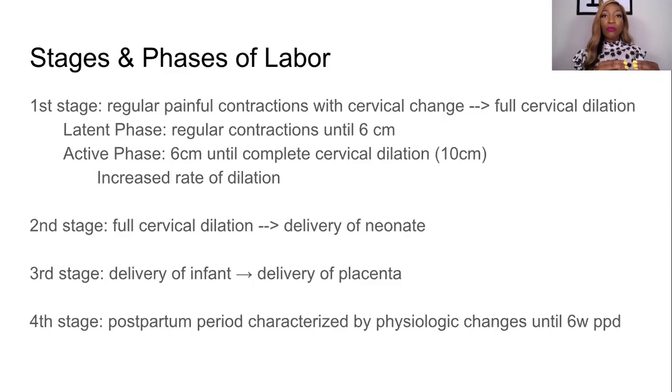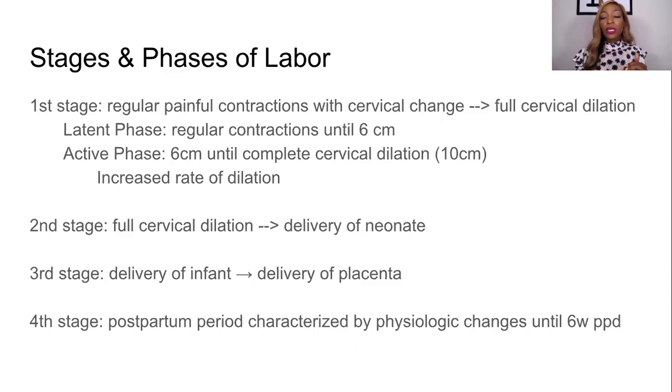We call that cervical ripening. So in the latent phase, we have used the idea that before 6 centimeters, there is a slow, gradual, incremental change in terms of the cervix thinning out and opening up.